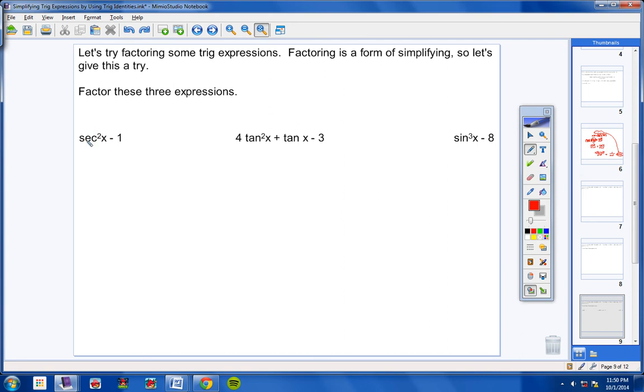I know the square root of secant squared, and I know the square root of 1, and there's a minus sign here, so we know how to factor this. This is easy. So the square root of secant squared is secant, and the square root of 1 is 1, so put a 1 here and a 1 here, make one positive, make one negative. Look at that. Done.